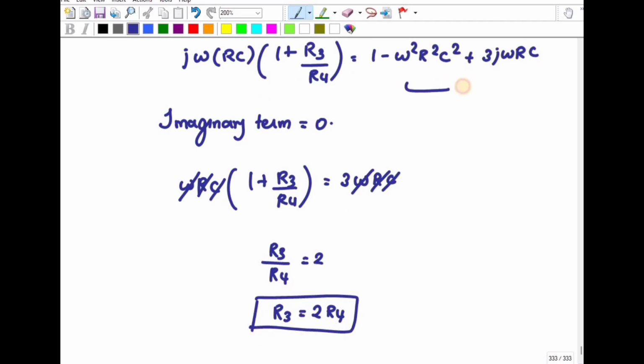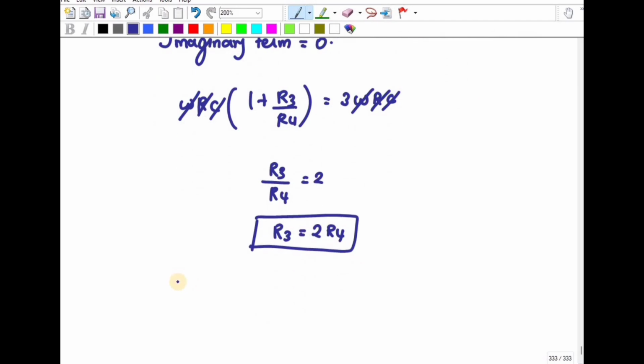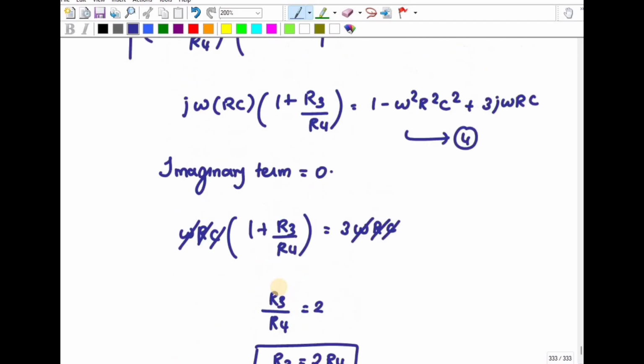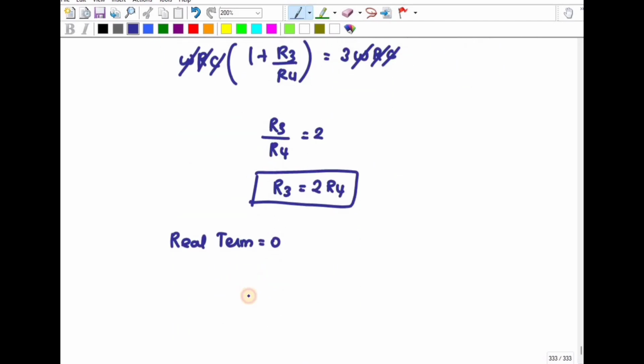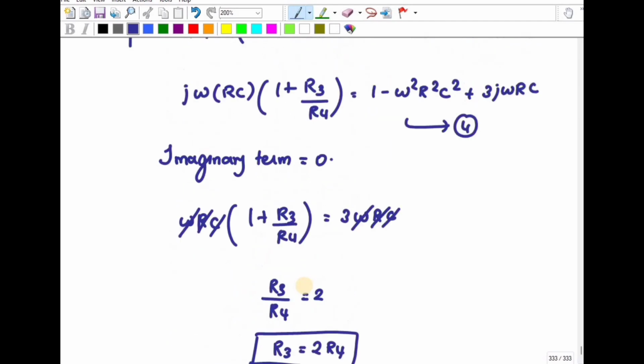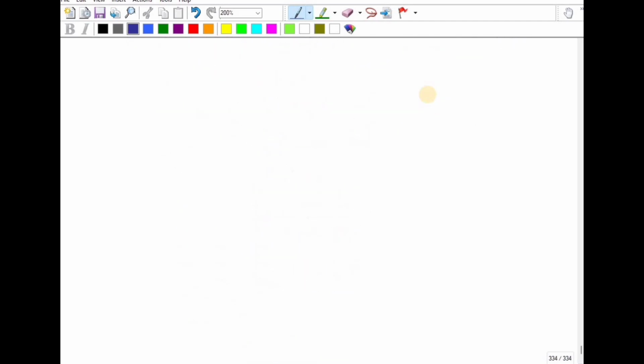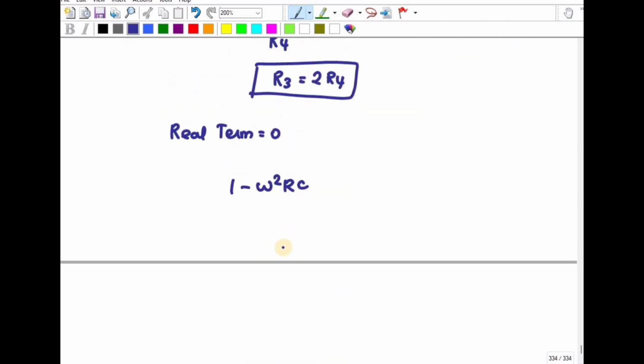Next, from this equation, make the real term equal to 0. So you take the rest of the terms, that is 1 minus omega square R square C square is equal to 0.